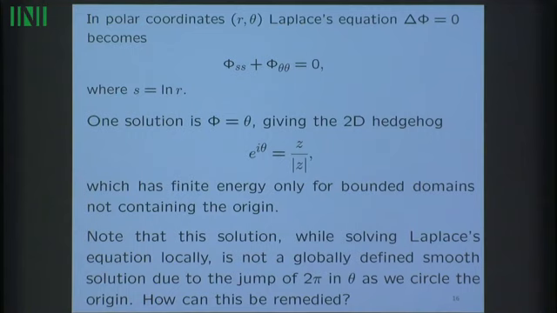So now this solution, while it solves Laplace's equation locally, is not a globally defined smooth solution in terms of theta because of the jump of 2 pi in theta as you circle the origin. So it's a question about how this can be remedied.